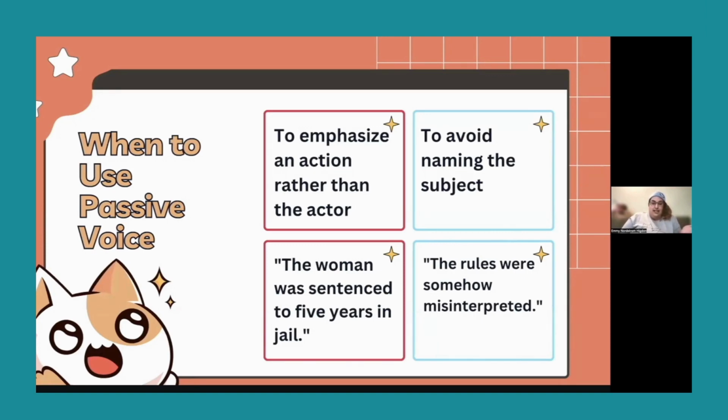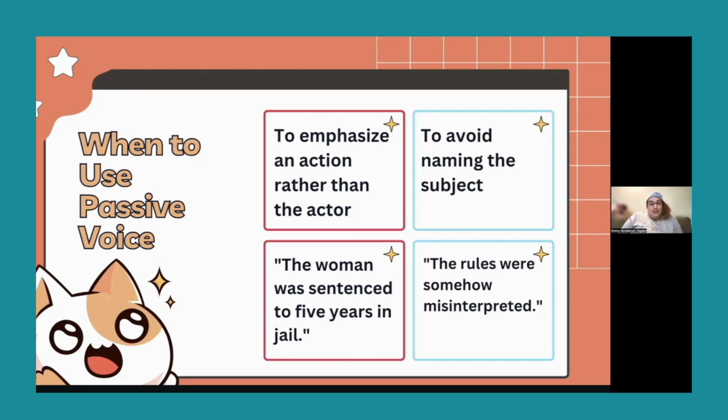The active version might be, the judge sentenced the woman to 5 years in jail. But what we want to focus on here is the woman and her predicament, and not the person who made that decision. In this case, the woman would probably be your character, and you would be describing her situation rather than the person who made that choice.